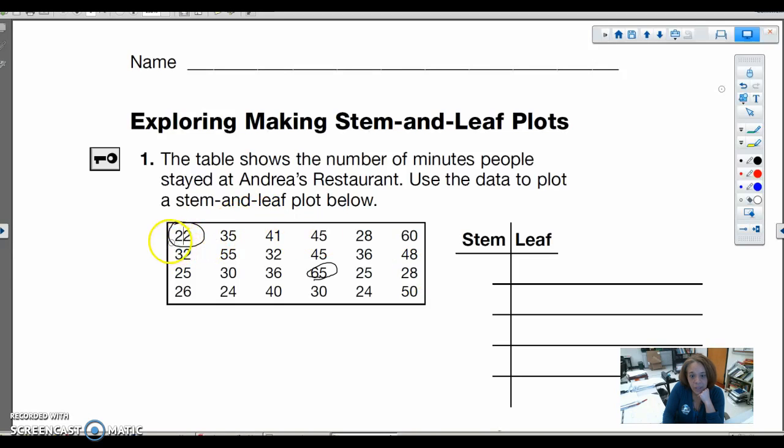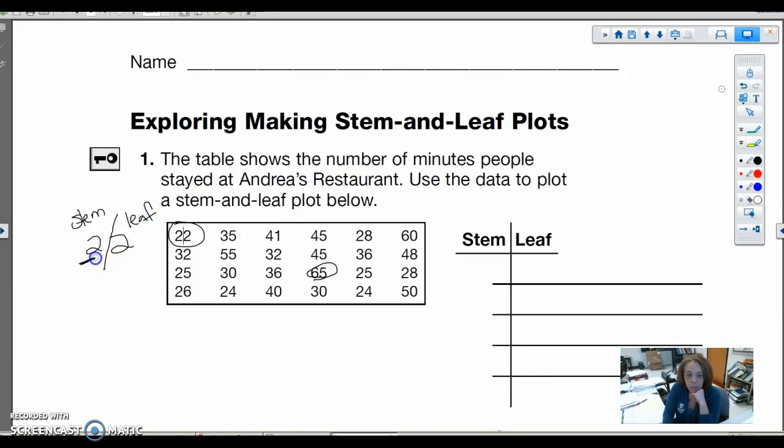So because I know that, I'm going to take the first digit of the number. So if I have 22, for an example, let's just start with that first number. So we're talking about a stem and a leaf. I'm going to draw a line between the two like this, just the way this is drawn here. And I'm going to call this my stem and this my leaf.